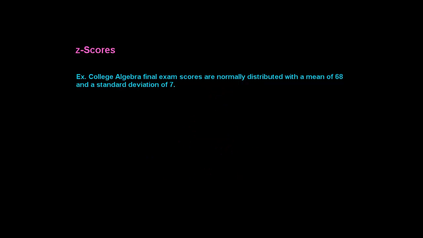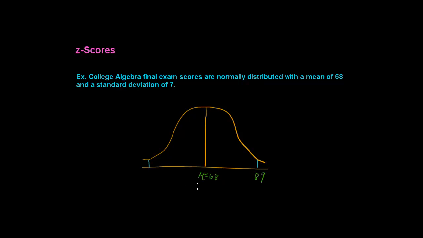And finally, we can talk about 3 standard deviations away. So here is our mean at 68, and now 3 times 7, 7 being our standard deviation, is 21. 21 plus 68 is 89, and 68 minus 21 is 47.